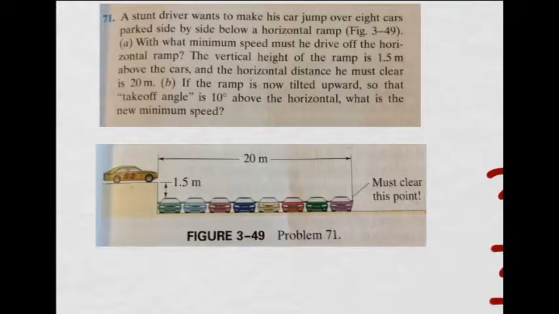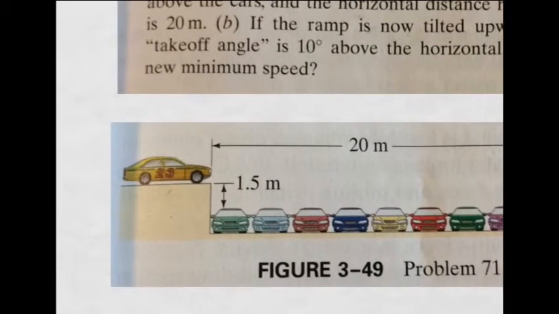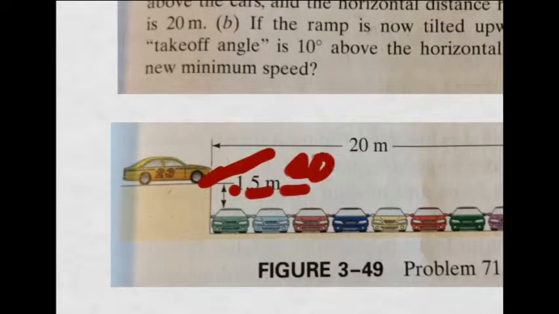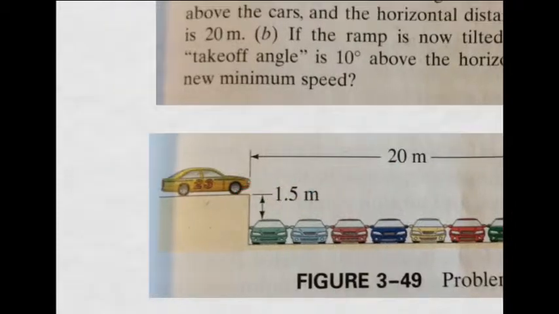Now, Part B states that if the ramp is now tilted upward so that takeoff angle is 10 degrees above the horizontal, what is the new minimum speed? Basically, instead of a flat ramp, we're going to have a curved ramp that's curved at 10 degrees. Sorry, let me get closer.